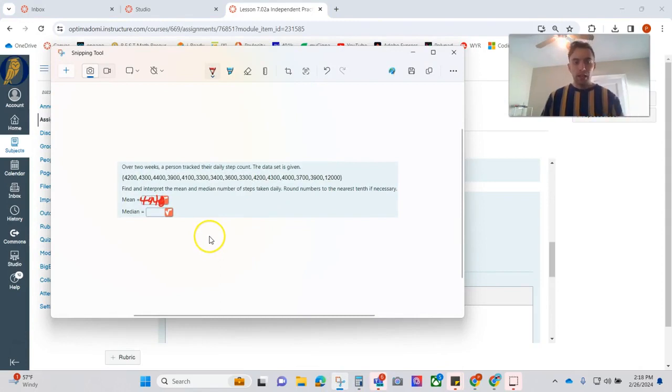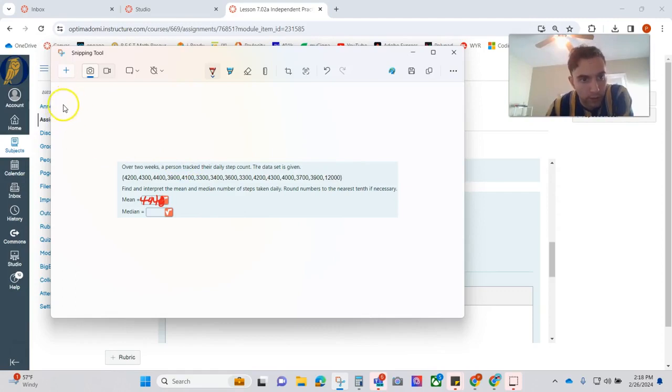Okay, now for the median, I have to order the numbers from smallest to biggest. So let's get this process done. I'm not going to put those commas. So 3,300. I have another 3,300. Do I have any more 33s? Nope. What's my next smallest? I see 3,400. I think my next smallest is 3,600. Then 37.